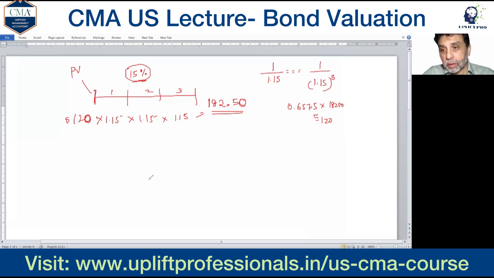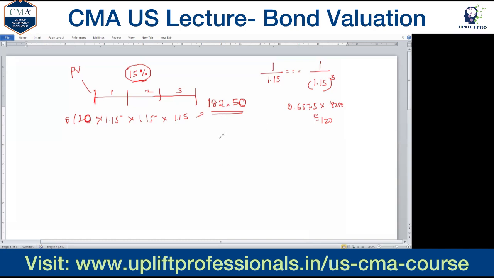Now, everybody understood this? Is there any doubt in this calculation of present value? Sir, here we have a future value 182.5. If that is not given, the current investment amount we have, say for example 120, then what would be the future value?